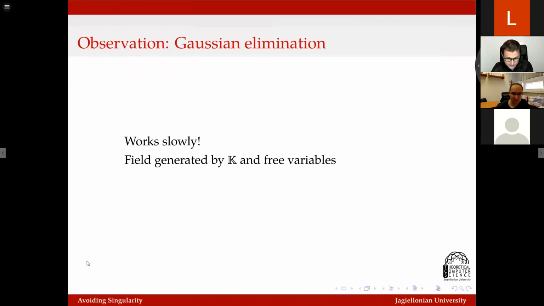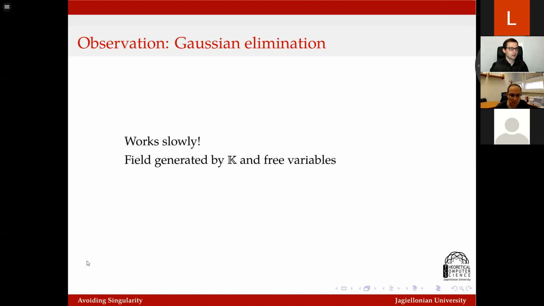And then this is slow because, during the elimination, you will get values that need long descriptions, right?